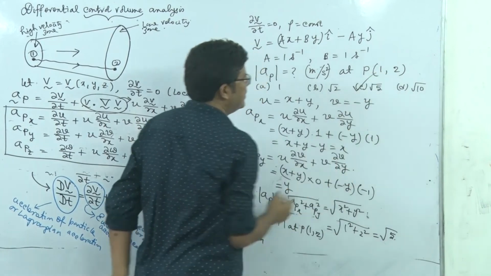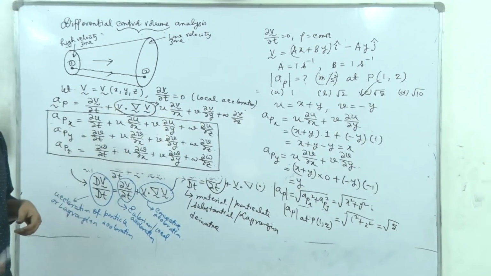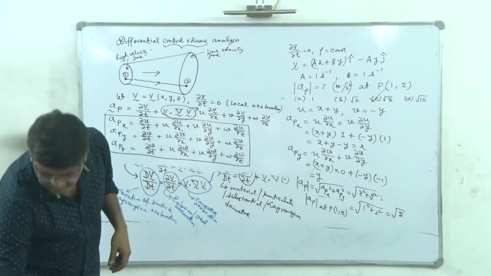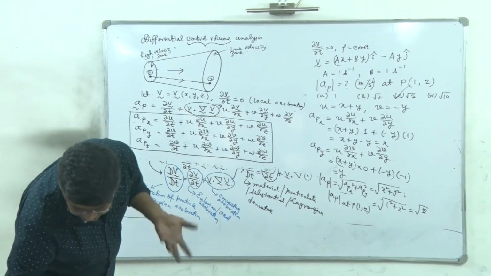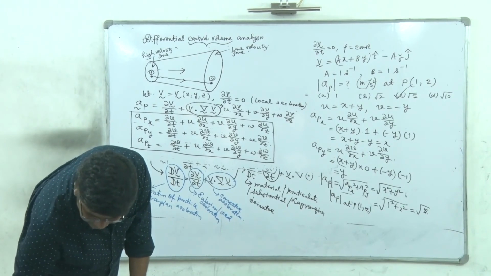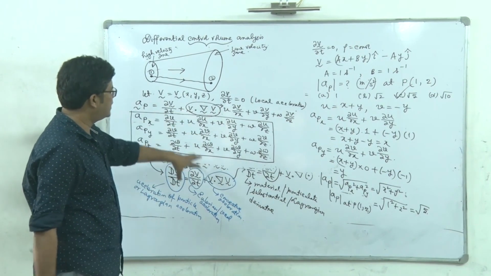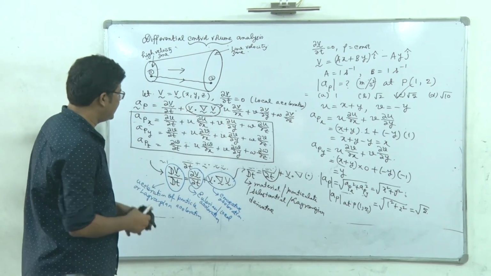So option C is the correct answer. Right? So similar other types of problem are also given, but it's basically all the same, because if you note this equation we can solve it.